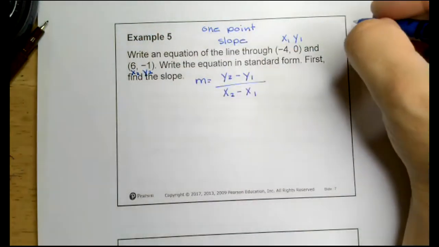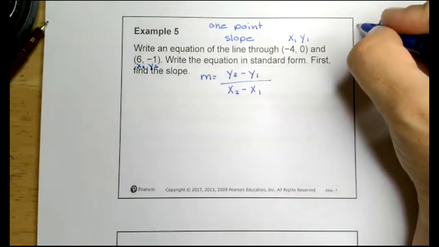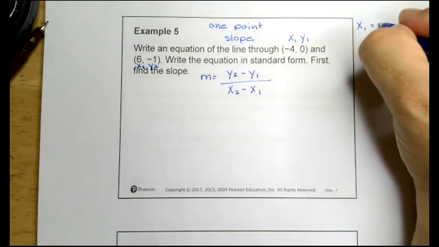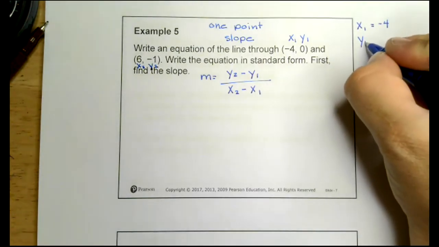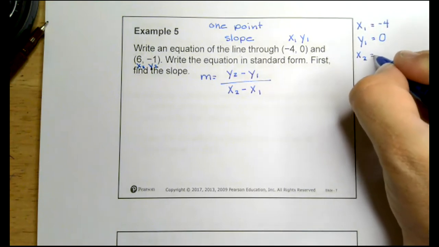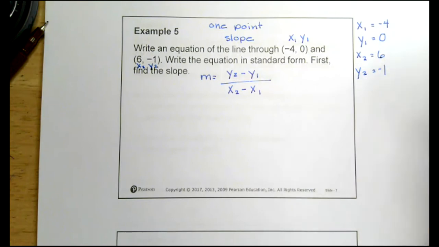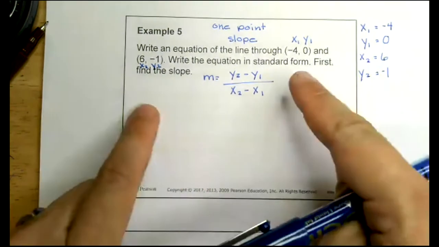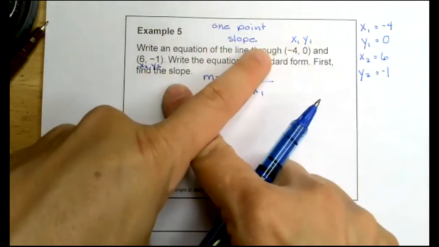This will be our second point, x2, y2, okay? So I'll just write that along the side. x1 is -4. y1 is 0. x2 is 6. y2 is -1. And it doesn't matter if you made this one your first point and that one your second point, or you flip them, okay?